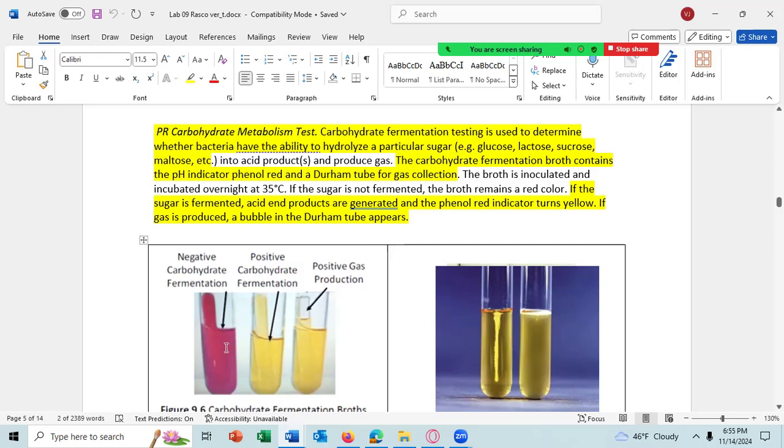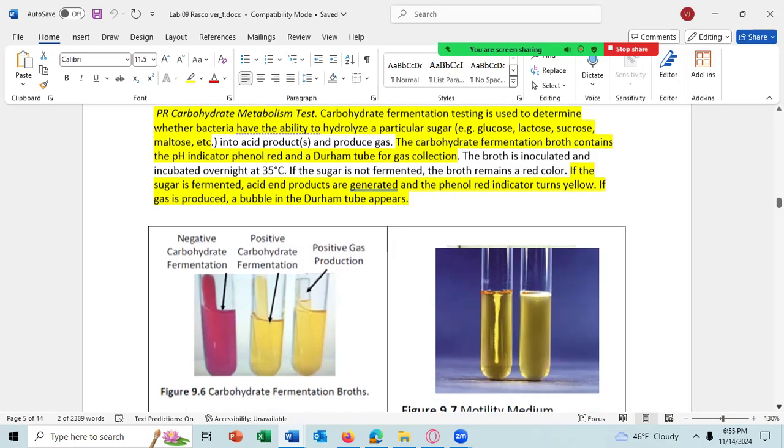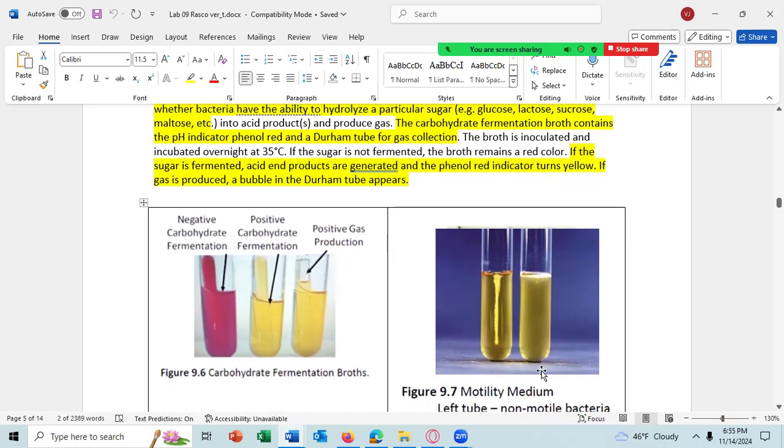and then run the test. And so PR carbohydrate is actually a number of different tests, depending on what sugar you're looking at. And you can look at three different results. You can have acid, where the tube turns yellow from the production of acid, and that we have interpretation A for acid. This is negative, interpretation negative, meaning no change or a basic solution.